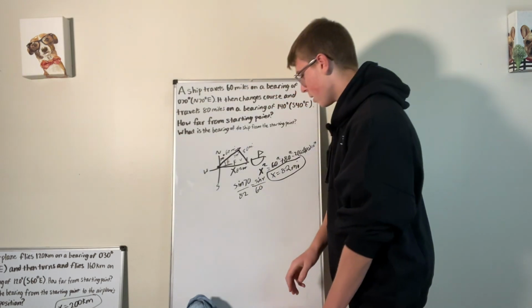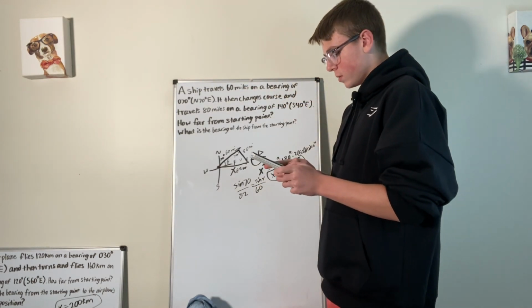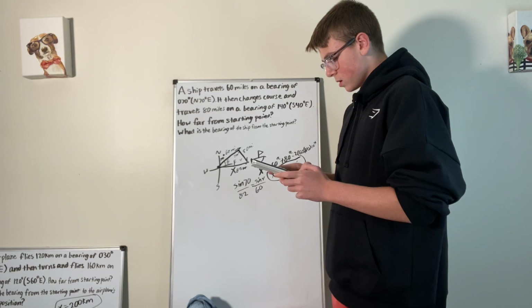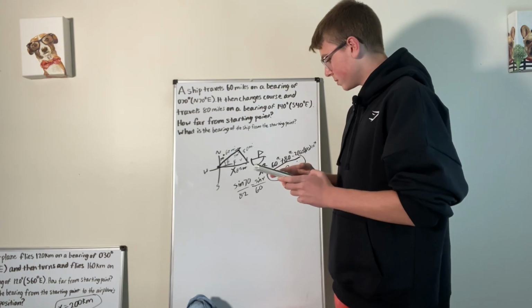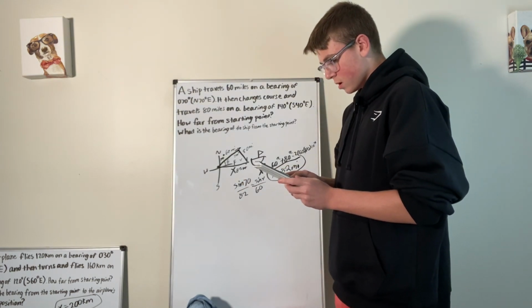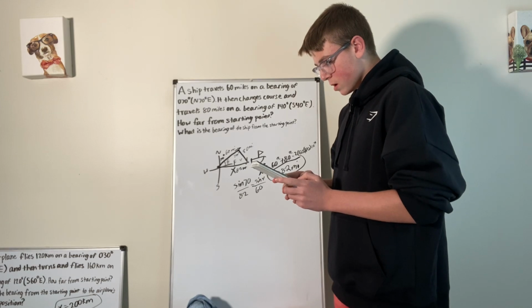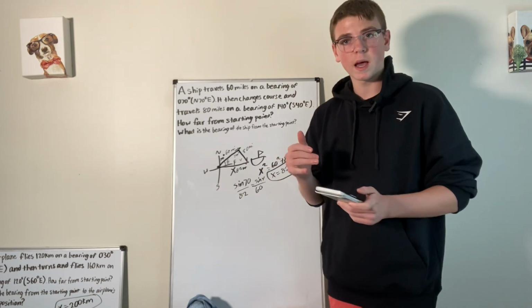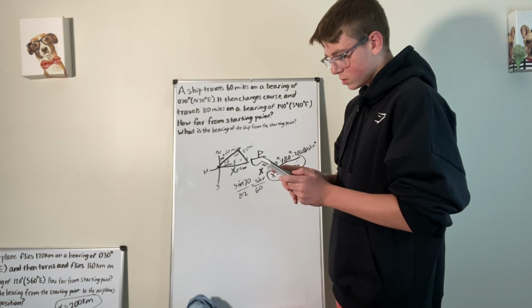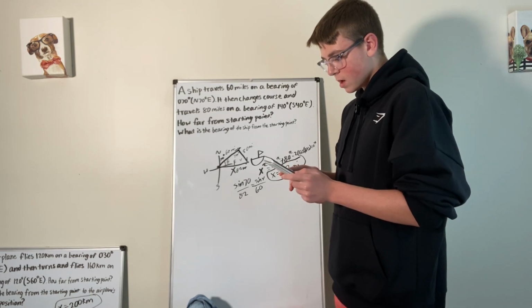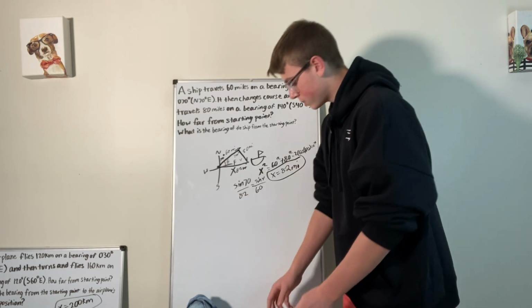All right, so sine 70 over 82 equals sine y over 60. So we do our little math. We do sine 70 and then times 60, cross multiply, divide by 82, and then we'll have to take the sine inverse of both sides. So sine inverse of that gives us 43.4.